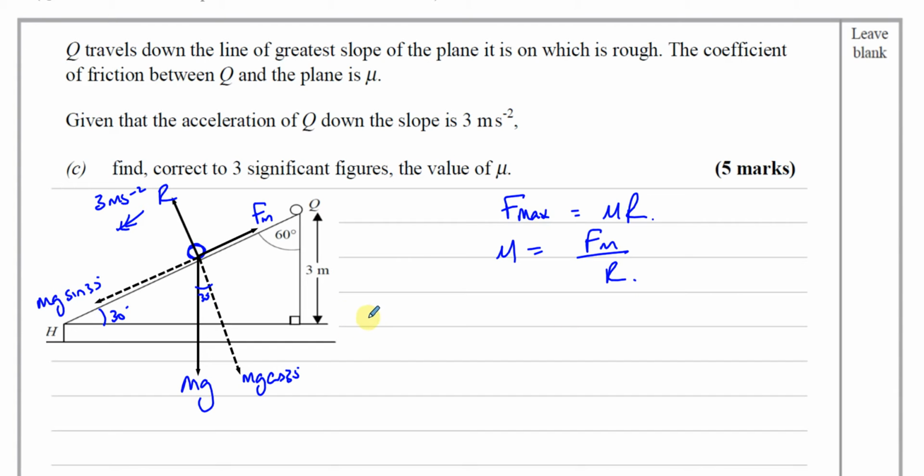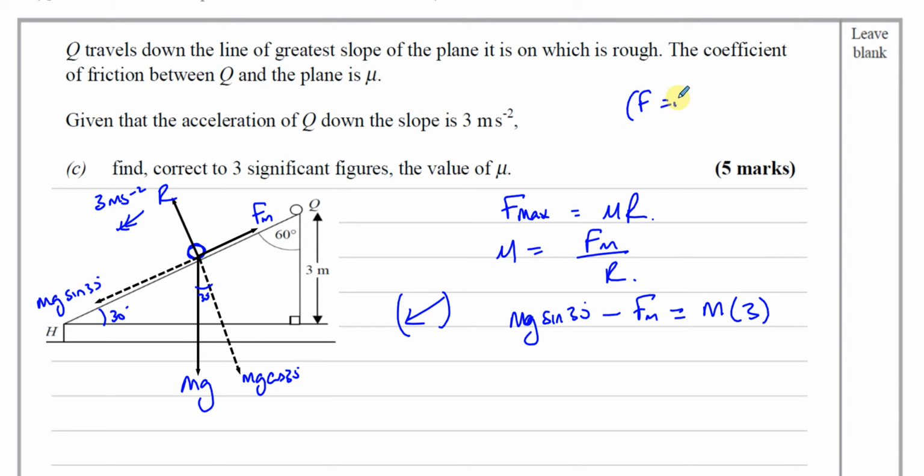All right, so if I resolve the forces parallel to the plane, now it's moving down the plane, so I'll resolve in this direction. So I have mg sine 30 minus F max is equal to the mass times acceleration. Again, we don't know what the mass is, so we're just going to call it m times the acceleration, which is 3. That's using F equals ma.